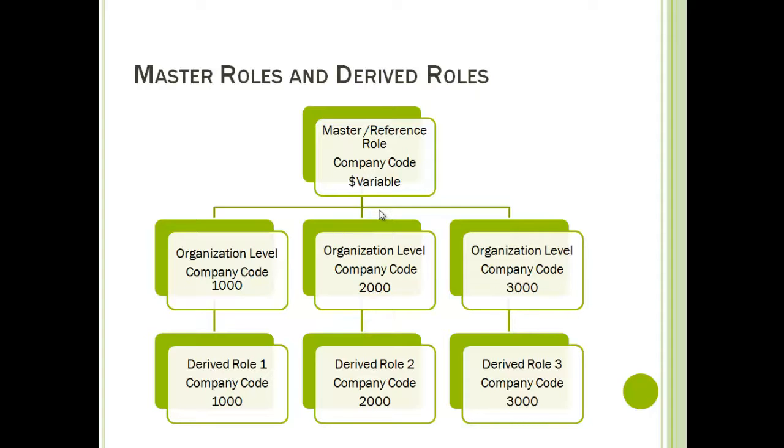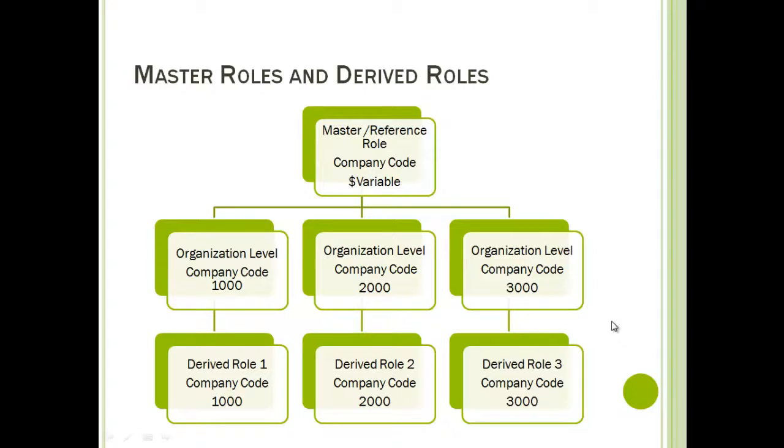Maybe you are using only one company code, but you may have multiple sales organizations or multiple purchase organizations or multiple plants or multiple cost centers, for which you want to use the same roles with the same authorization objects but at different org levels. Org levels means the company code, profit center and cost center, based on our business process, which we customize in our SAP system.